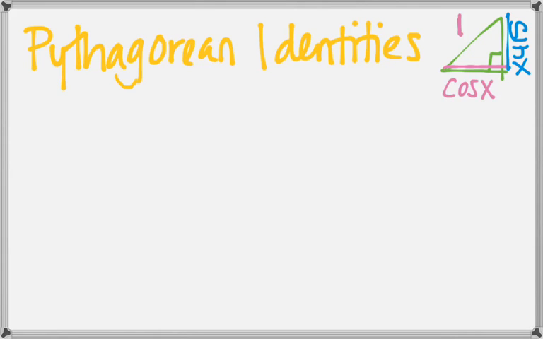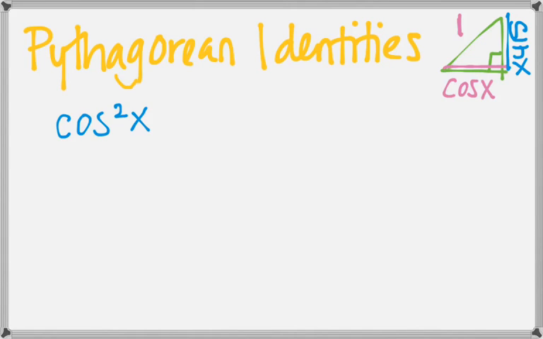Pythagorean theorem says a squared plus b squared equals c squared. What does that mean in this triangle? Cosine of x squared, which can also be written like this.